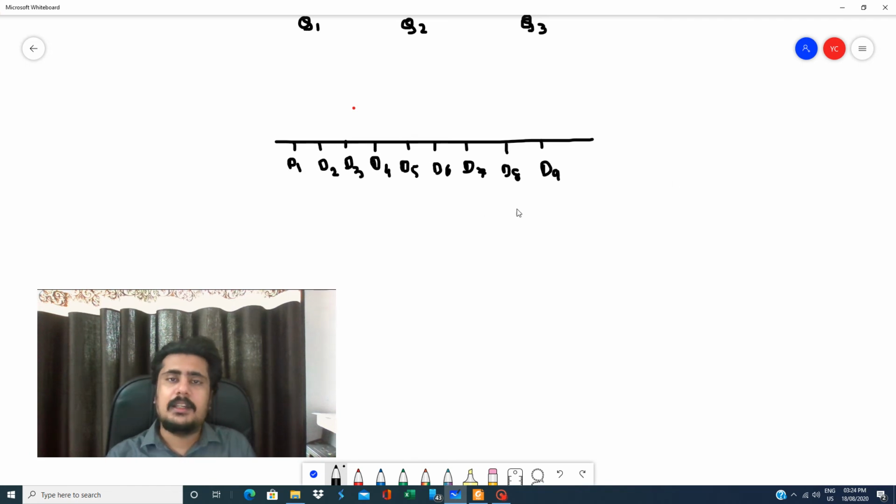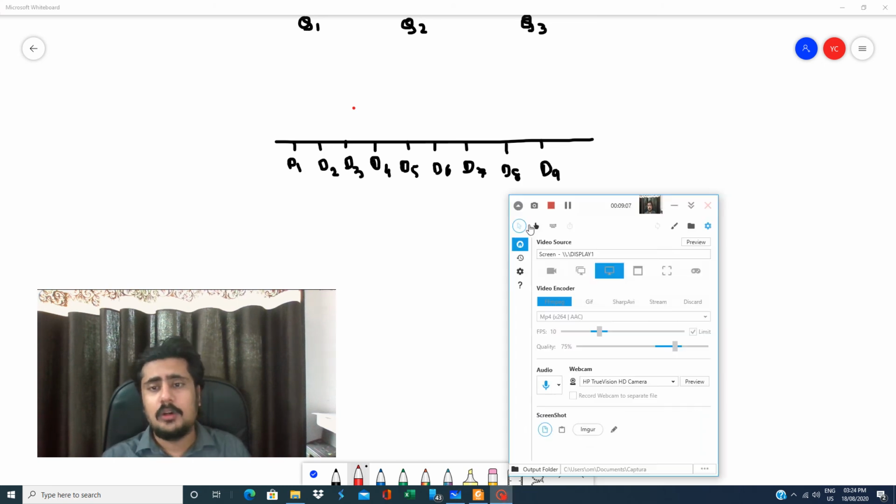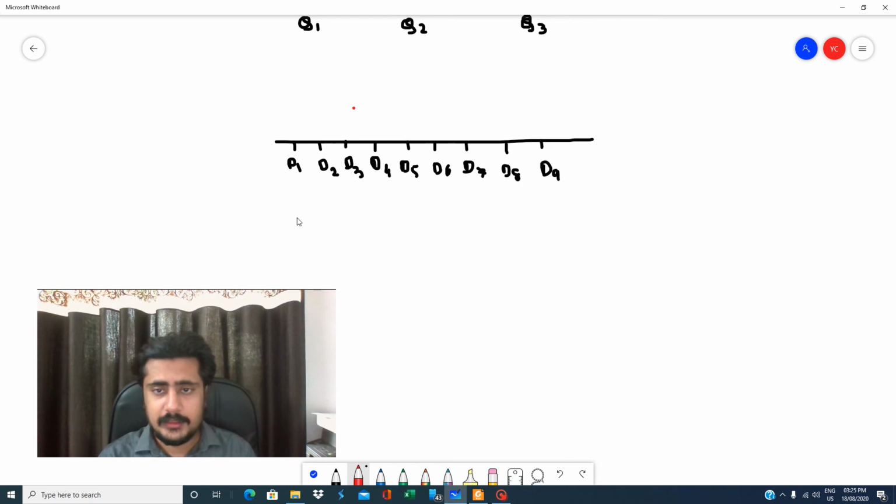This way there are 10 parts and 9 deciles. Now what this logic says, if your series is 100%, and this line covers 100%, then D1 will cover how much percent? 10%.